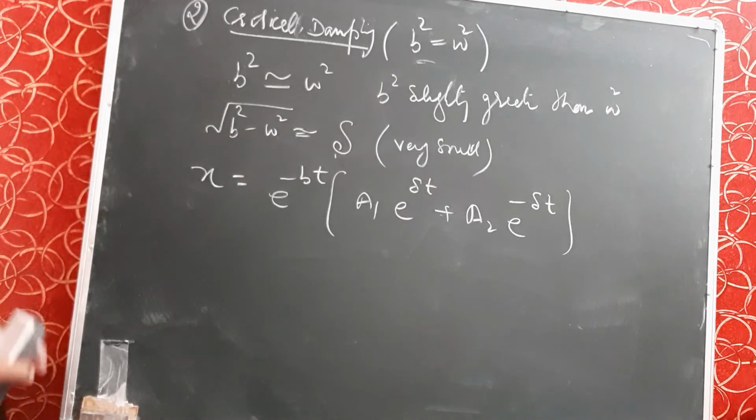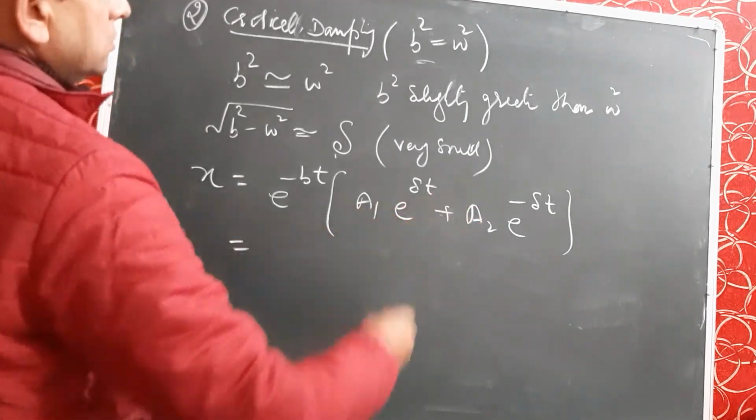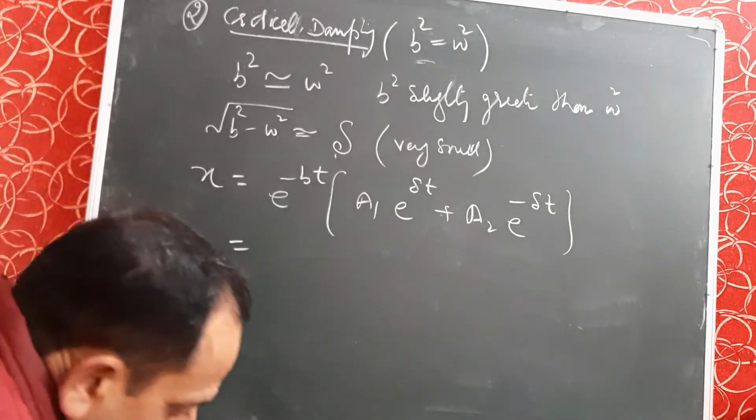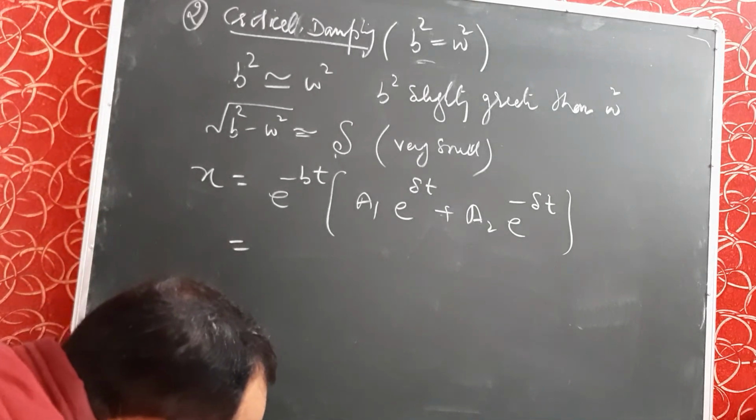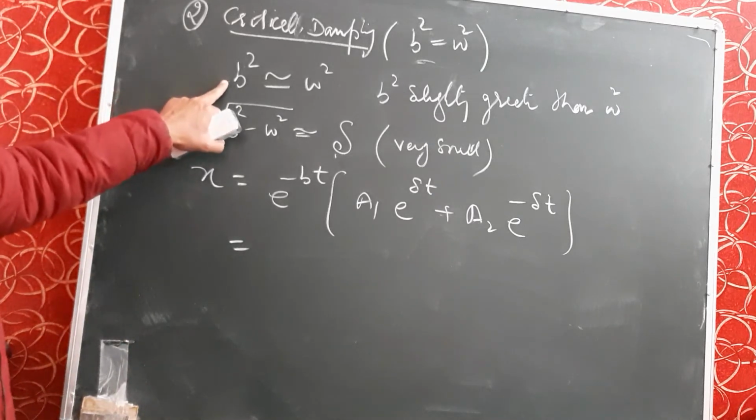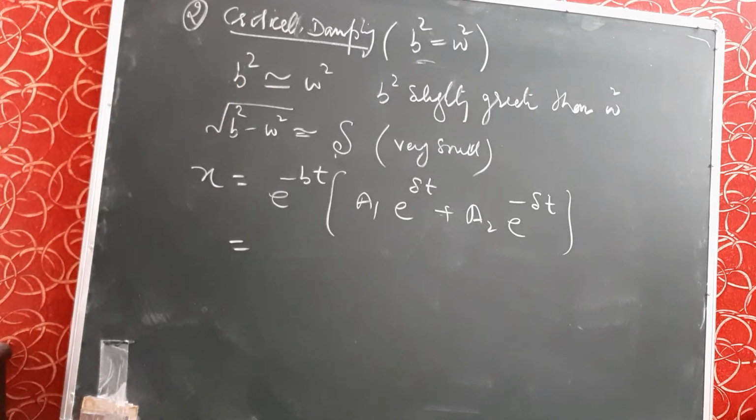This is the final solution which we get from this condition, b square slightly more than omega square.